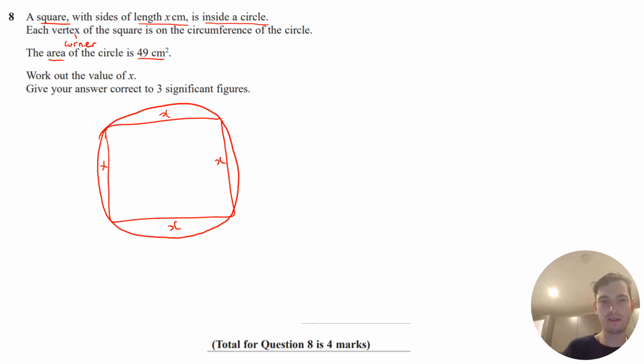So area of a circle, I know that the formula of area of a circle is pi times r squared. So I think it might be quite helpful to draw in a radius. So there is the center, and then I think a nice radius to draw on would probably be this one here. And let's also draw in the other ones. I think this is going to be helpful, and let's call all of these R.